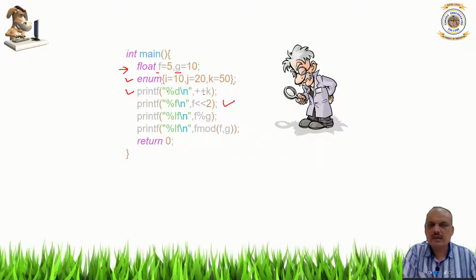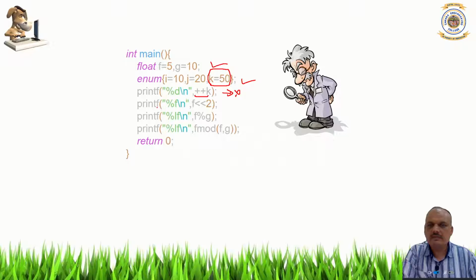Then I have f mod g, where f is a float and g is also a float. If you look closely, this is a valid line of code, but you have problems with this. You cannot change the number associated with the constant. So this is not permitted, and you get an error here.